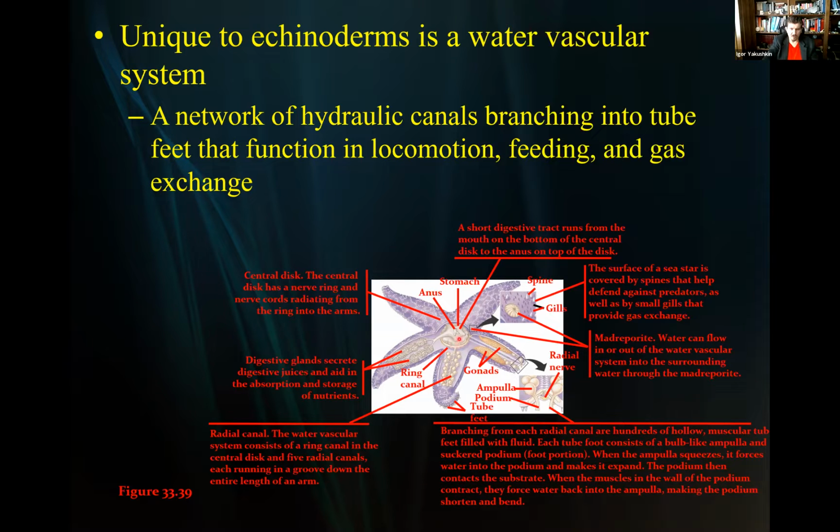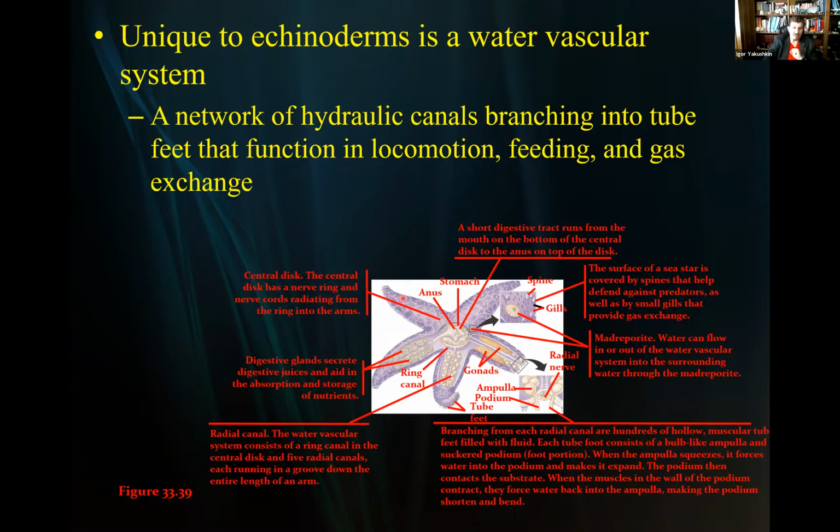And the ring canal will send the water into each one of those radial canals, or radial channels. So water from the madreporite goes into a stone canal, into a ring canal, into a radial canal.